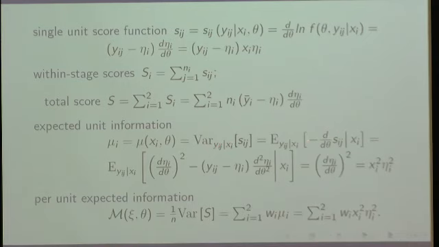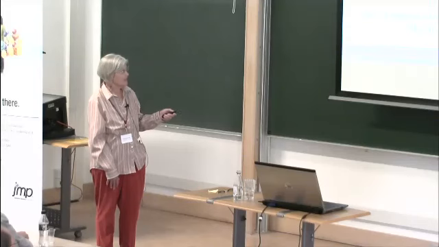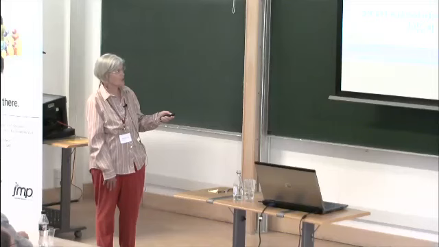And I just remind you that that's minus the second derivative of the log likelihood. Here it is written out explicitly for the linear model to remind you that if you were going to use the observed information to estimate the information, you would be plugging estimates into this term. Once we take the expectation, the second term goes away, and we're left in the exponential case with x_i squared, eta_i squared.